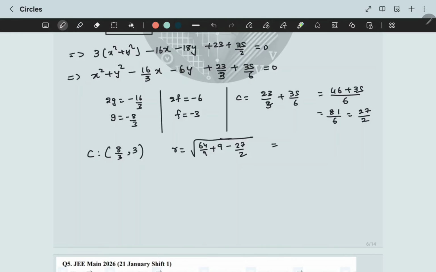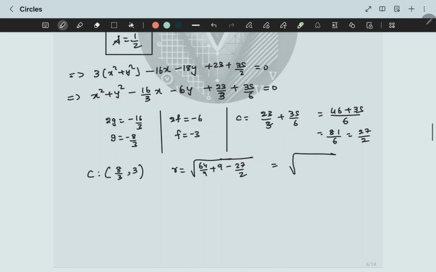So what will I get here? Let us take the LCM. LCM should be 18. So 64 into 2 is 128, and 9 into 9 is 81, 81 into 2 should be 162, minus now 27 into 9, 27 into 10 is 270. Anyways, 27 into 9 should be 243, divided by 18.